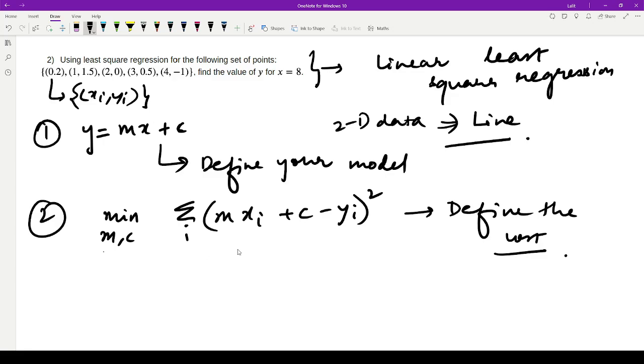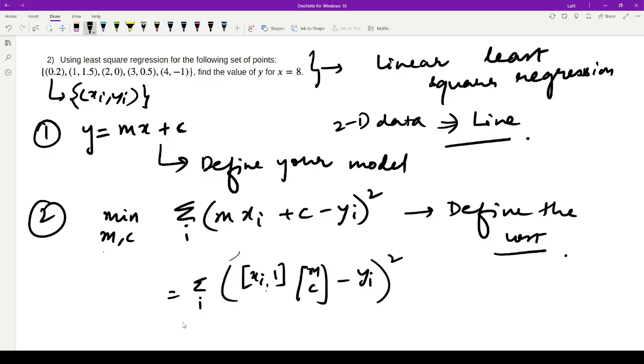So I can equivalently write this as summation over i. If I take m and c as a vector, then what it turns out to be is xi and 1 is a row vector here. Yes, is this clear? And I'll keep yi in the same manner as it is.